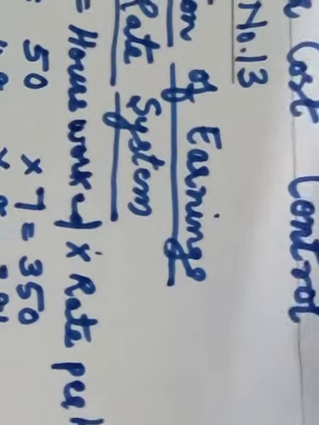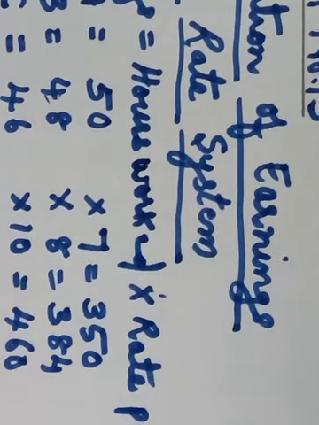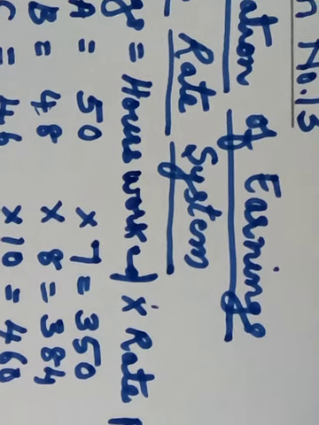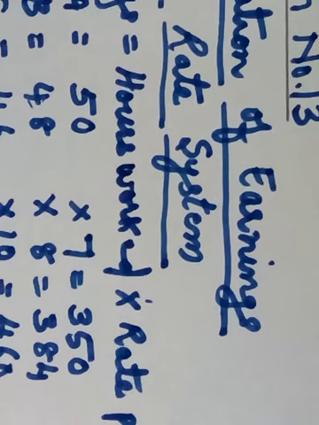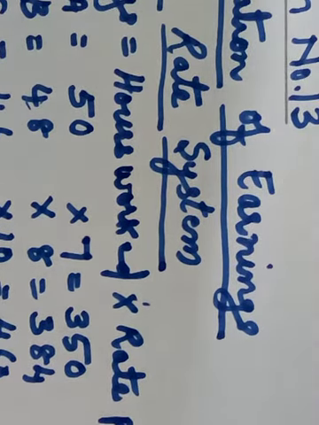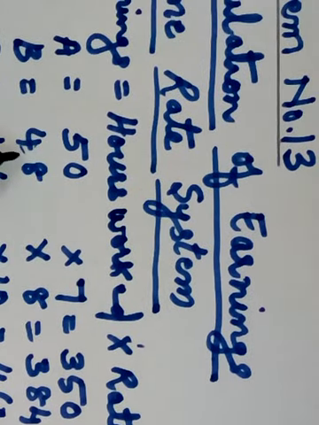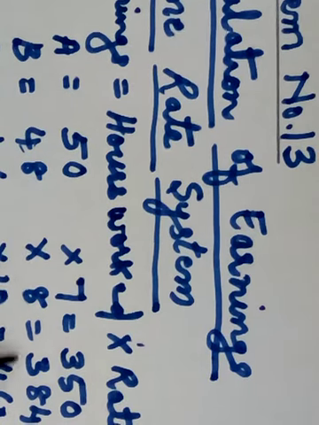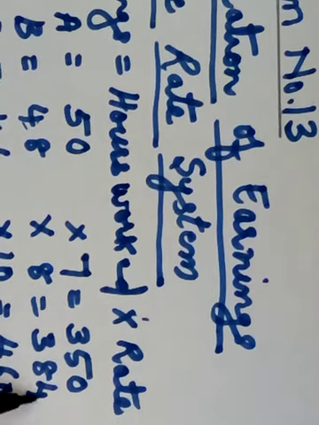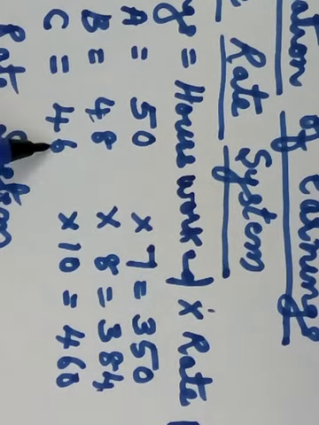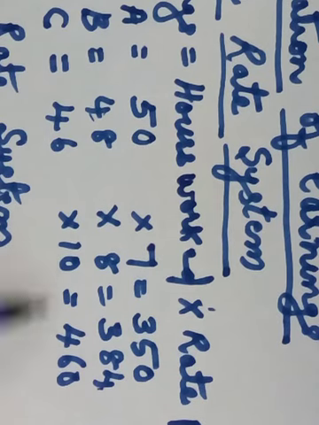Let us consider worker A. Hours worked by worker A is 50 hours into rate per hour 7 rupees, and the total earnings comes to rupees 350. In case of worker B, hours worked is 48 hours and the rate per hour is 8 rupees and the earnings comes to rupees 384.